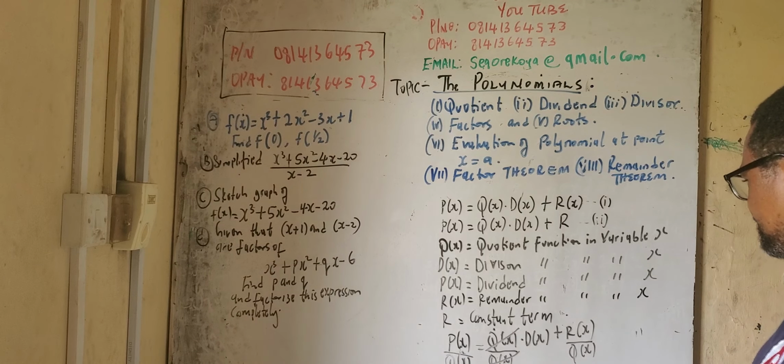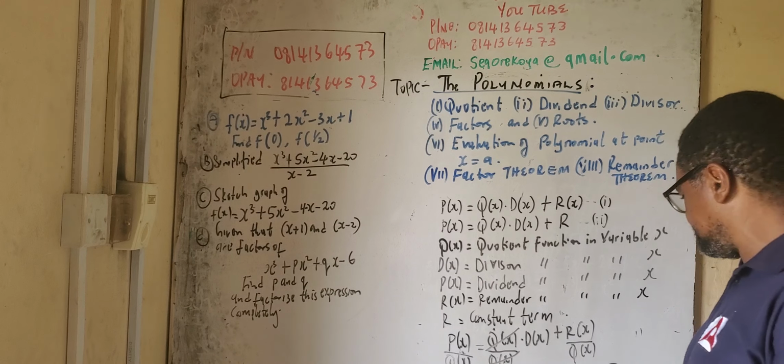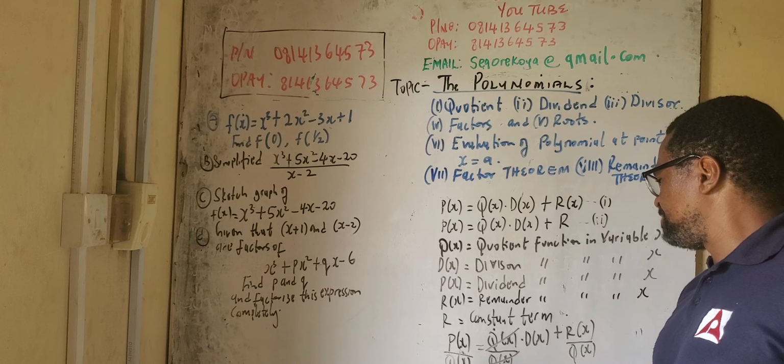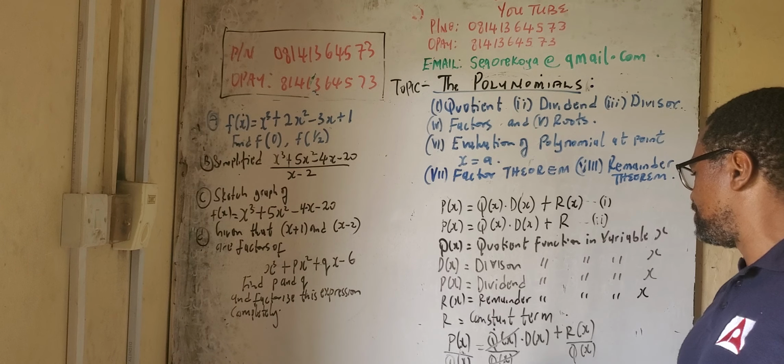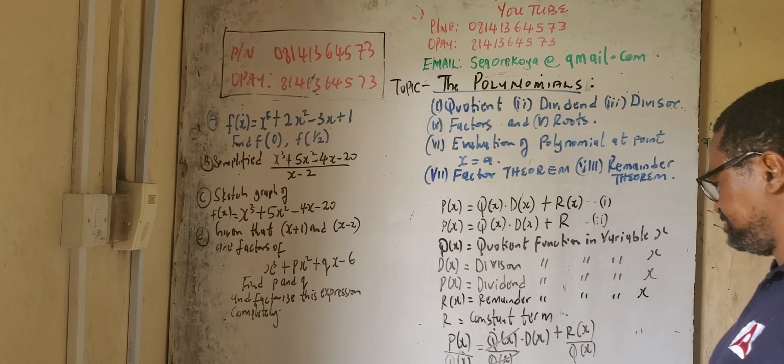So what I'm going to have here now is p of x divided by q of x is equal to d of x plus r of x divided by q of x.